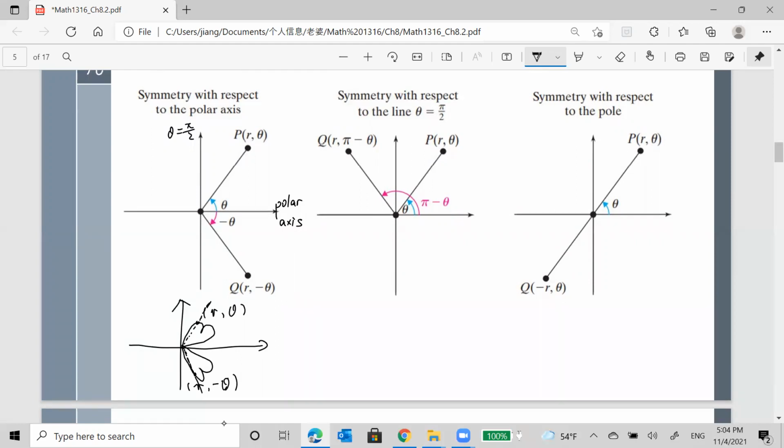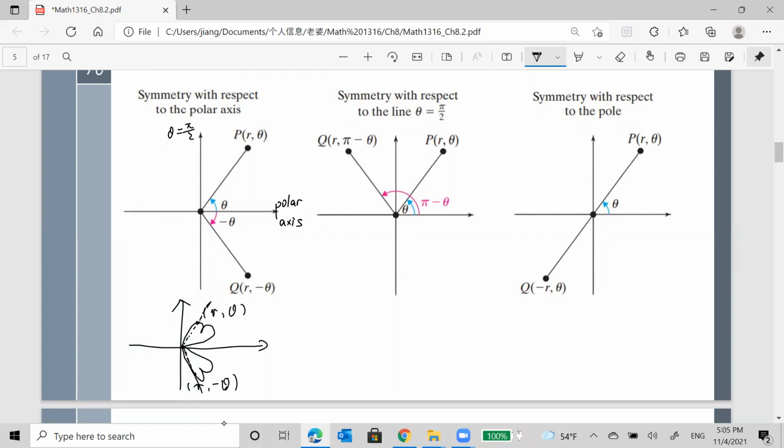So the points should be here and here, and they have the same r, because the distance is the same. The only difference is the theta. For this point, the angle from the initial side to this terminal side is theta. And here it is from the initial side to this point.